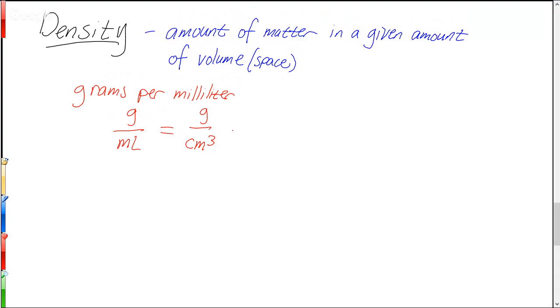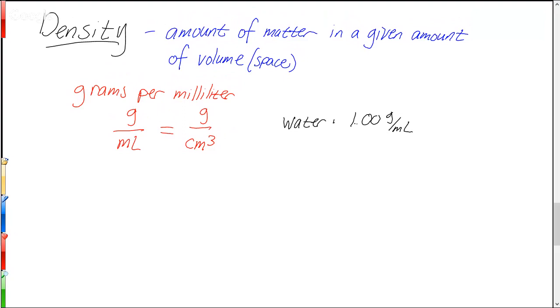The other way that this is useful is to think of it as a conversion factor. So let's say that we have a particular density. Water's density is 1 gram per milliliter. So sometimes we say the density of water is 1 gram per milliliter.